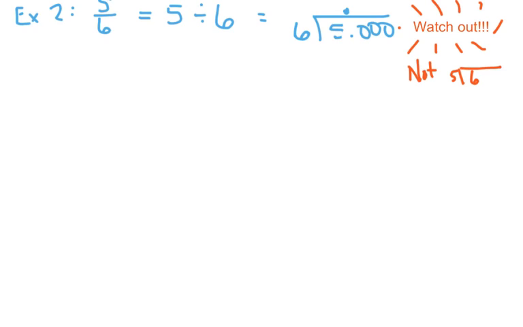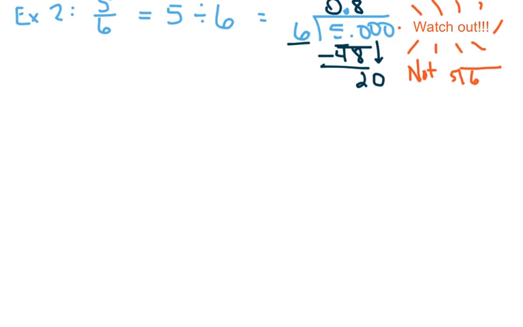And then you ask yourself, how many times does 6 go into 5? It doesn't go in, so we put a 0. And then we ask, how many times does 6 go into 50? Well, 6 times 8 is 48, so we put an 8 up top, put the 48 under the 50, and subtract. 50 minus 48 is 2. Drop down the 0.